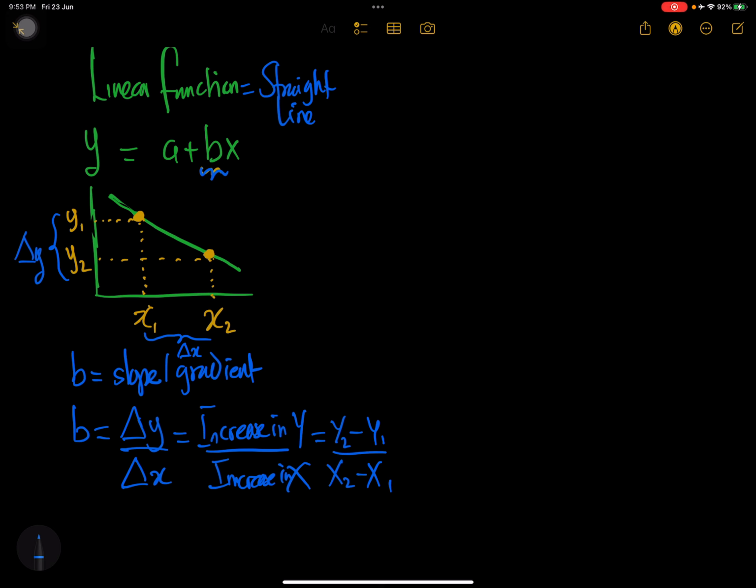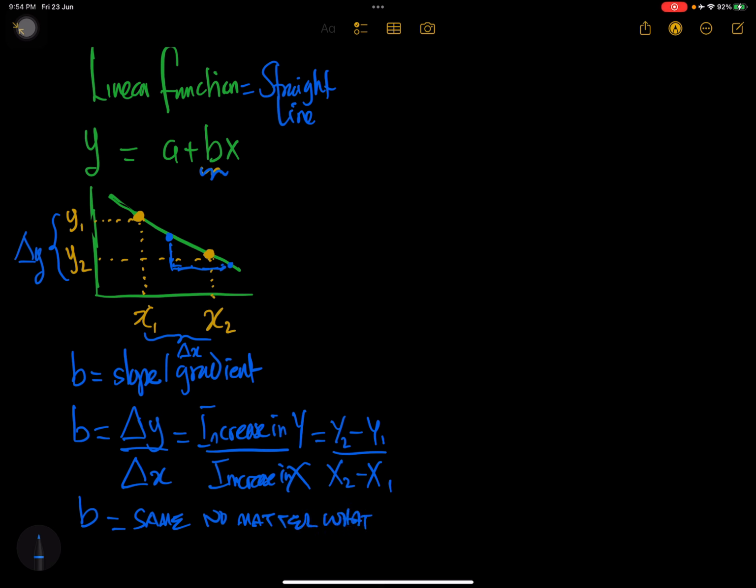If you pick another pair of points, the gradient you calculate is going to be the same as the one we calculated before. So b is the same no matter what for a linear function.